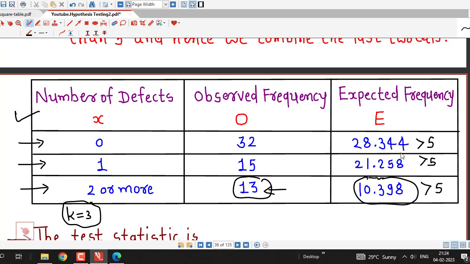Now in this table all the expected frequencies are bigger than 5. Therefore we are going to consider these expected and observed frequencies in the formula of the test statistic. So the number of categories we will consider as small k equal to 3.